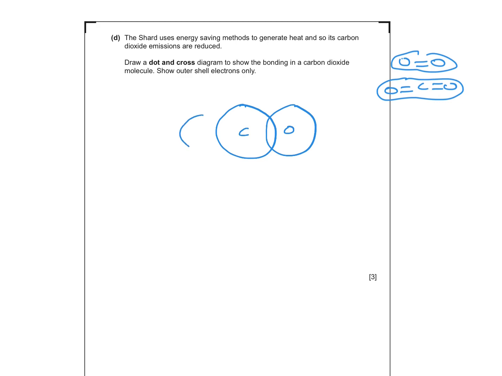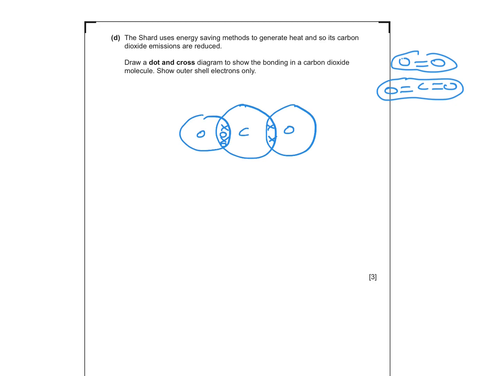and I'm going to show then 2 oxygens. Now, carbon has 4 electrons in its outer shell. Oxygen has 6 in its outer shell. So that's going to bond there and there. Remember, a covalent bond is the sharing of a pair of electrons.